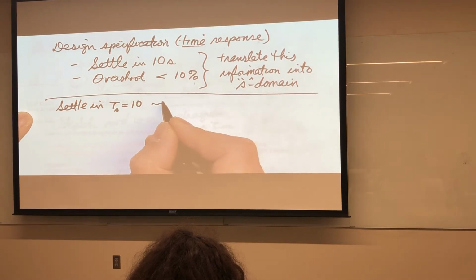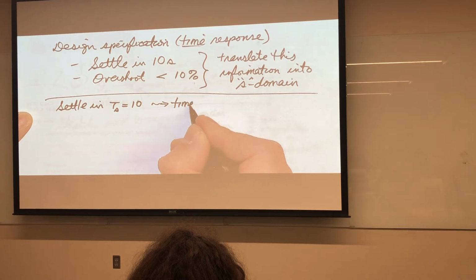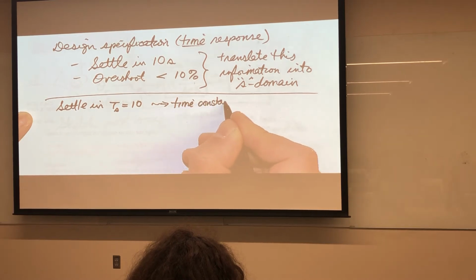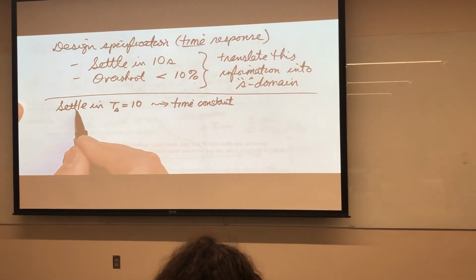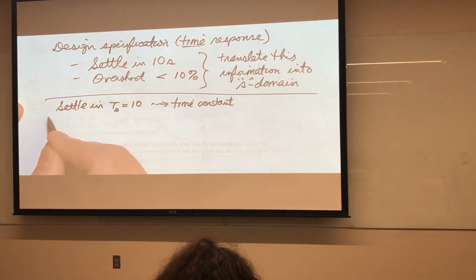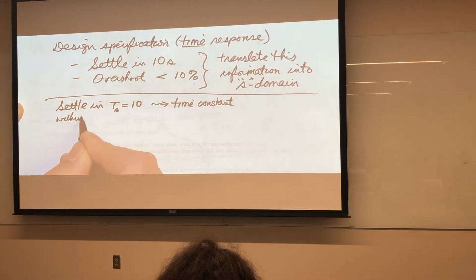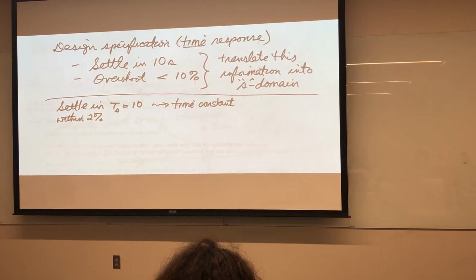And that implies for us the time constant. Let's assume that we're settled within 2%. We want to settle within 2% in 10 time units.